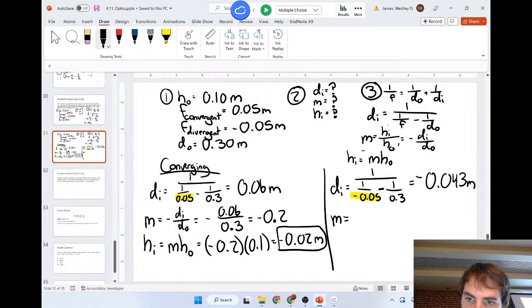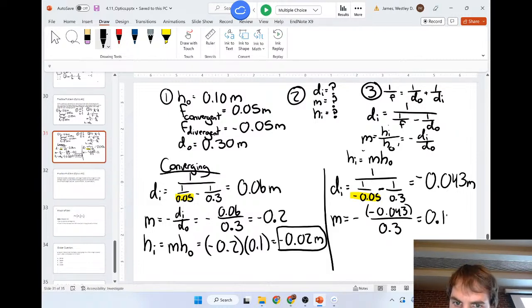Magnification is going to equal negative, so we always put that negative in front, but then our image distance is negative, divided by our original thing. Negatives will cancel. And you get a magnification of 0.1433.